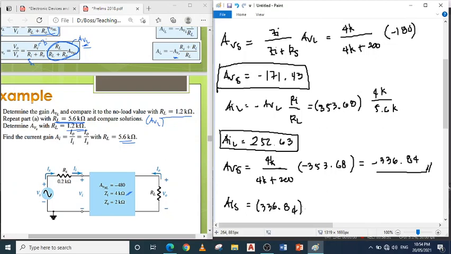336.84 times RS ay 200 plus RI, which is 4K divided by RL natin. What is the RL? RL is 5.6K.